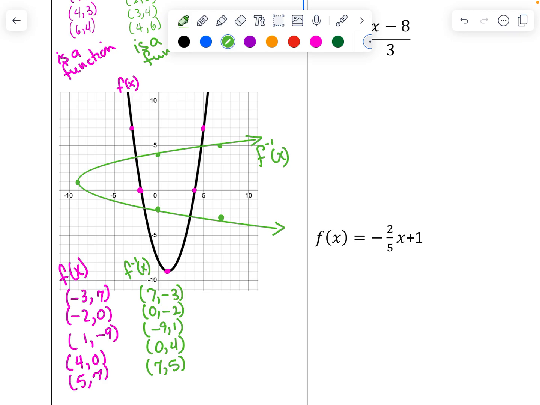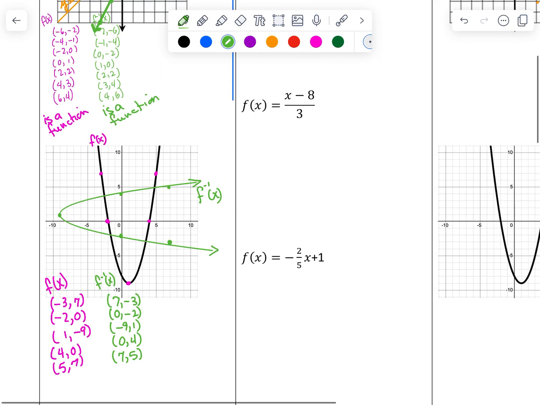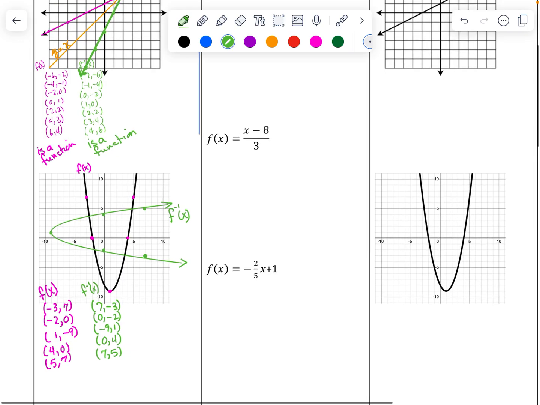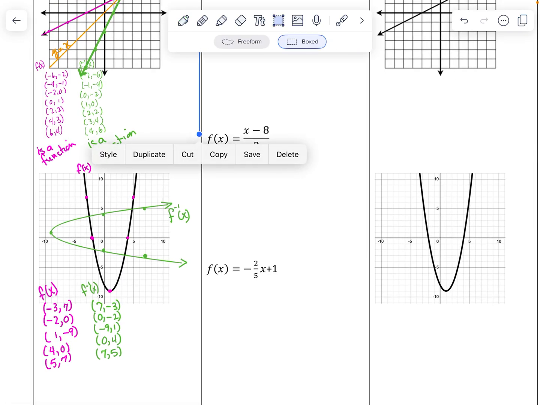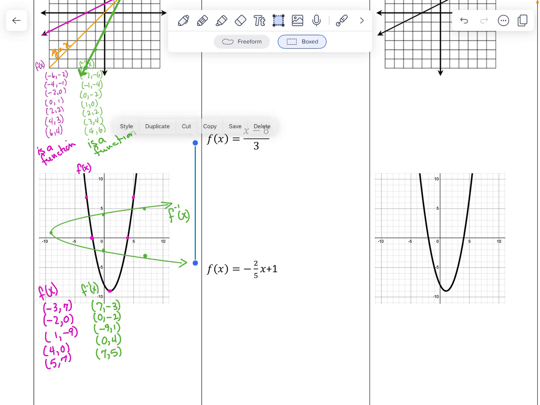So, does it pass the vertical line test? Great question. The function does. The pink one does. So the pink one is a function, which we knew because it's named a quadratic function. So does the other one pass the vertical line test? Does the green one?